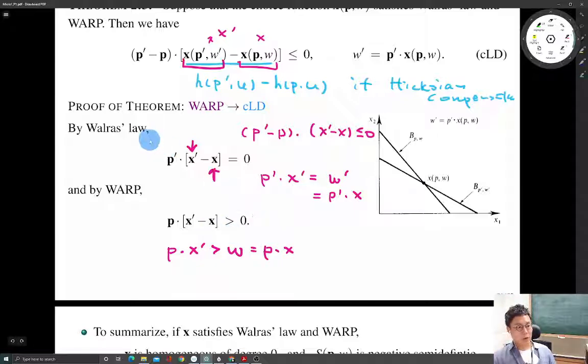And by applying the Walras law again to bundle x, we have this equivalence. So p dot x prime should be larger than p dot x. So we have this.